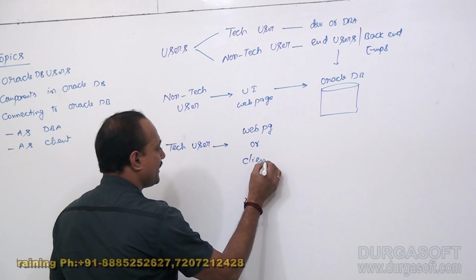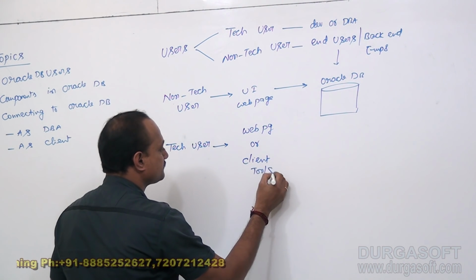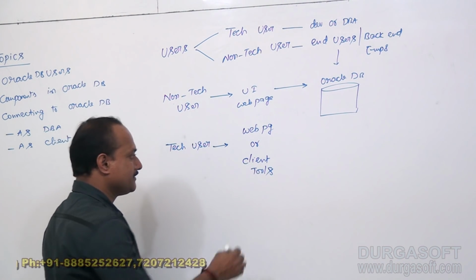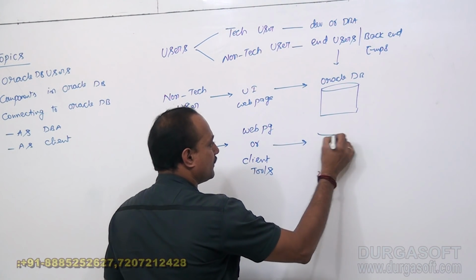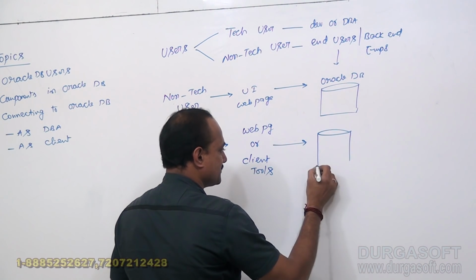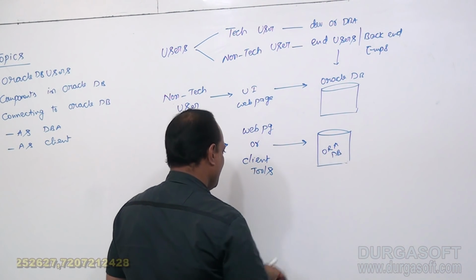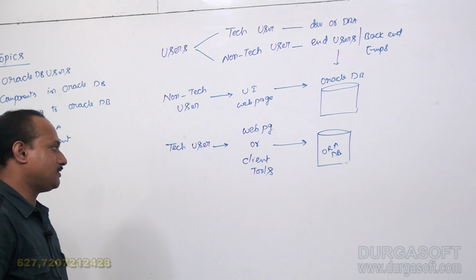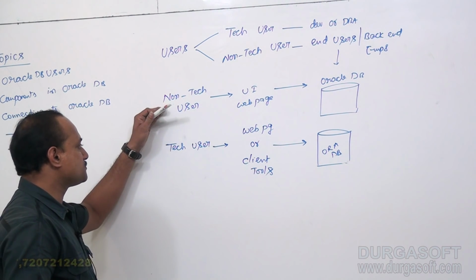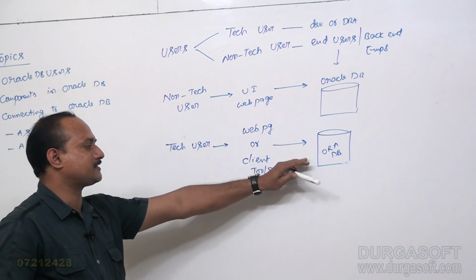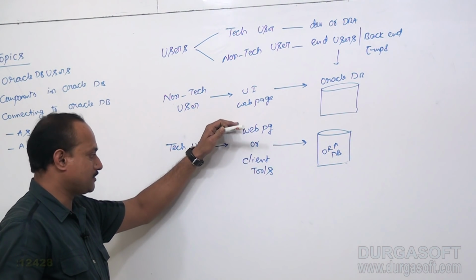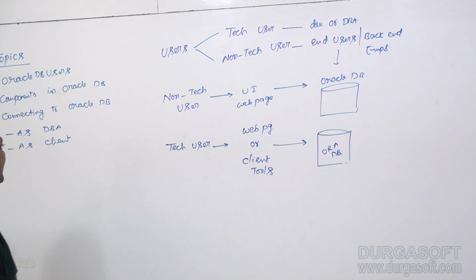Through any client tool, they are interacting with the Oracle database. Remember this, here this is called the DB. So either a non-technical user or a technical user can directly interact with the database through a web page. But what is meant by a client tool?